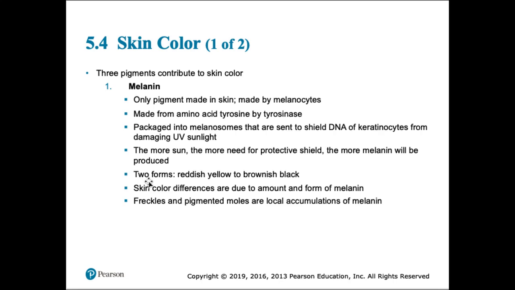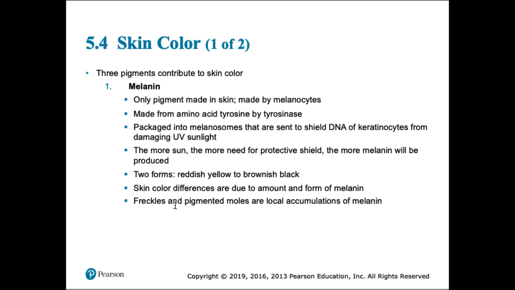They're packaged into little melanosomes and sent to shield the DNA of keratinocytes from damaging UV light. There are two forms of that: reddish-yellow to brownish-black. Skin color differences are due to the amount and form of melanin. Freckles and pigmented moles are also just small local accumulations of melanin.